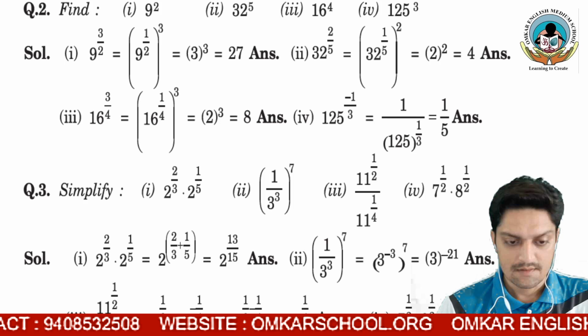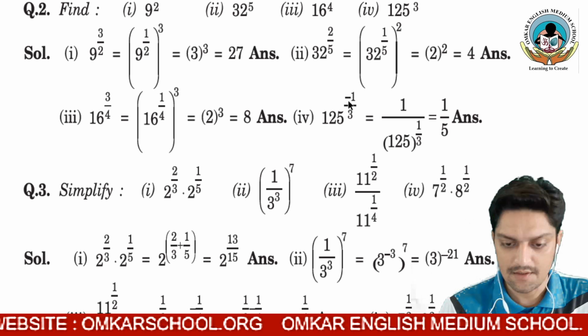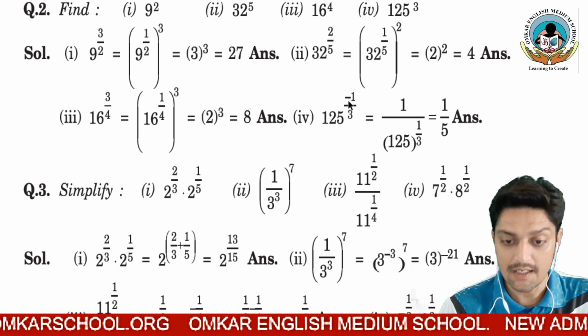First of all, you have to write in proper format, because this is a minus power. In last year also you learned that x raised to minus 1 equals 1 upon x. As I told you, you have to visualize something.